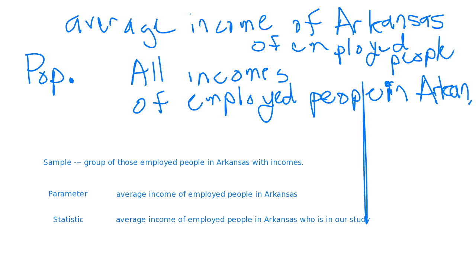I mean, this is just an example, but average income of one employed person in Arkansas. So parameter is just what the big picture is. Statistic is the number for the sample, the little group that we pick. It doesn't have to be little. It's just the group that we pick. Okay, I hope that helps.